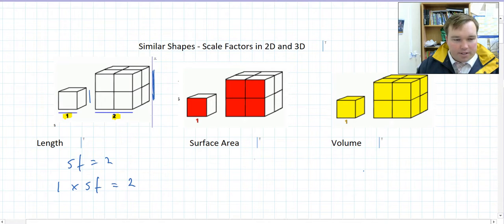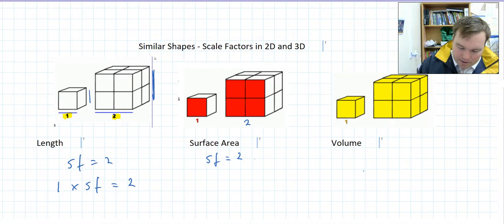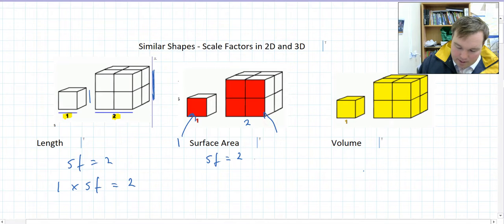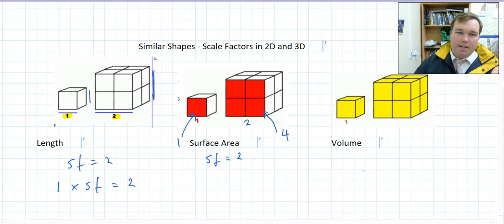Alright, what happens with surface area is quite similar. Here, we can see that the scale factor, or the length scale factor, is still 2. However, the surface area in this one here is 1. The surface area here is 4. So if we take the smaller surface area and multiply it by the scale factor, we don't get the bigger surface area, which is quite frustrating.